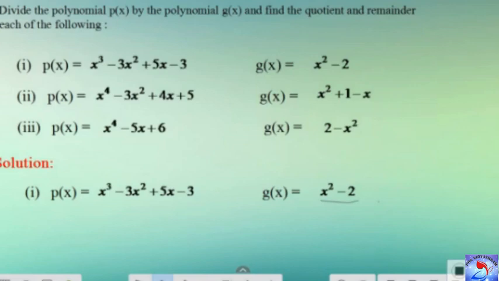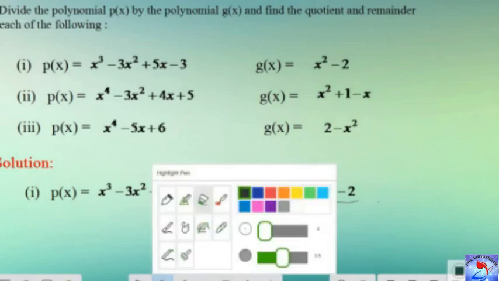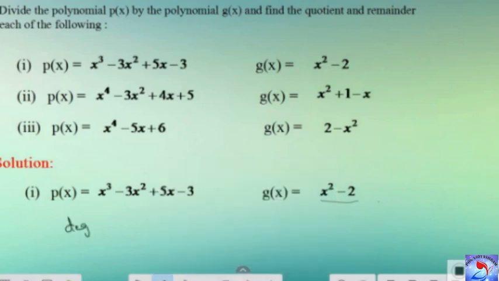Degree of p of x is 3, so it's named a cubic polynomial. Let me just write degree of p of x is 3, just for us to understand. It isn't very important, but to do the comparison we may need it here. And degree of g of x is 2.